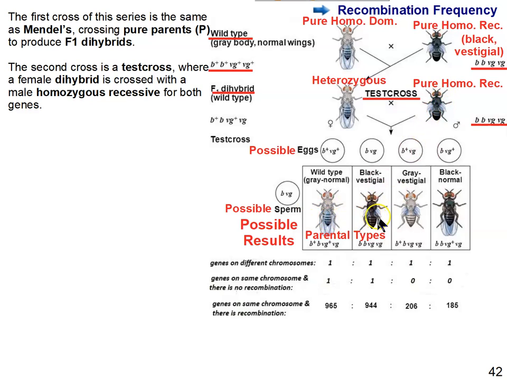So these are parental types. Anything that is not a parental type is the result of crossing over. So they're referred to as recombinants. They're the result of recombination and crossing over. Therefore, they're referred to as recombinants.